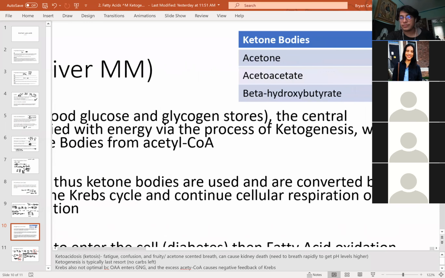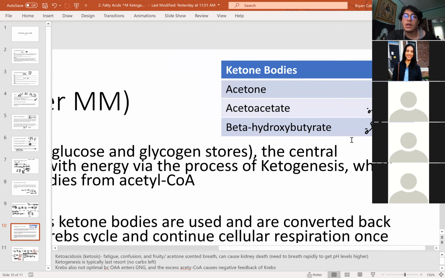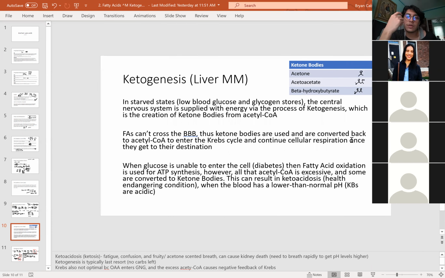Acetone's okay, but even acetone has alpha hydrogens that can potentially be acidic. But as you can see here, the acetoacetate and the beta hydroxybutyrate, if they're free floating, because these ketone bodies are just going to be rolling out from the liver, have the capacity to become acidic. And so what happens if you do too much ketogenesis is that you have ketosis, or ketoacidosis, which is basically about your blood pH.